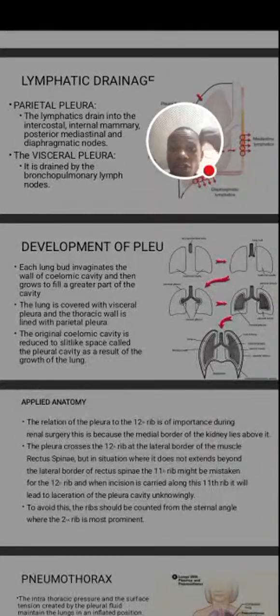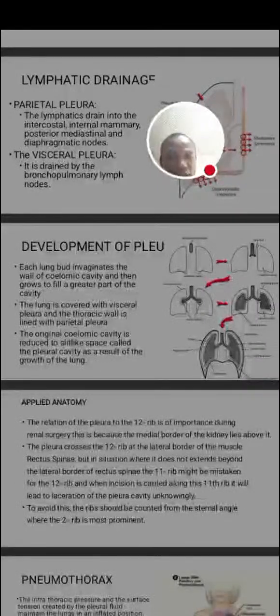So moving away from there, talk about the development of the pleura as embryology. Each lung bud invaginates the wall of the coelomic cavity and then grows to fill a greater part of the cavity. The lung is covered with visceral pleura and the thoracic wall is lined with parietal pleura.